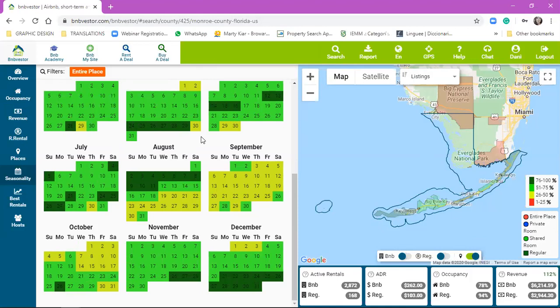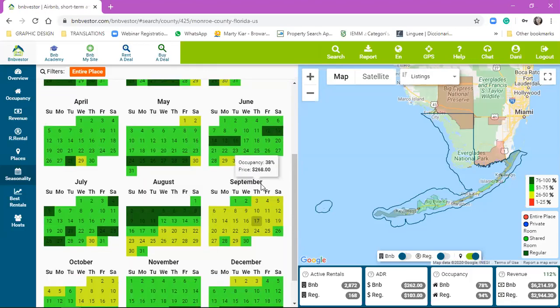In this particular county, you can see that in August and September, and part of October, it may go down to 33% occupancy, but it maintains a very high average daily rate of 250 something, 263, 270 even.